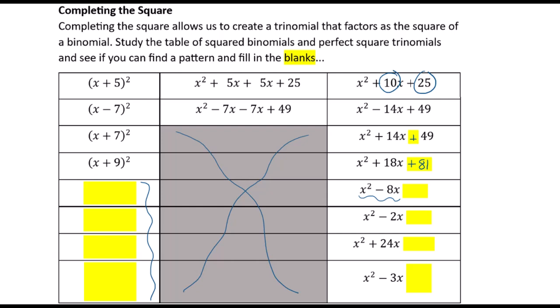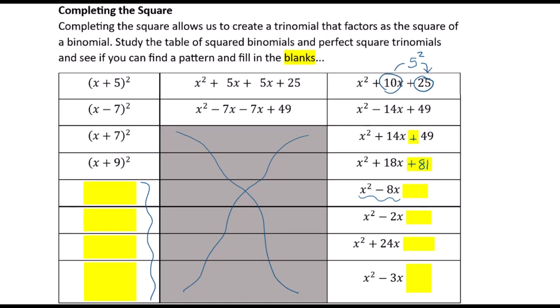You'll see 10 is double our 5, and 25 is the square of 5. But if we don't have this to look at, what is the relationship? If we would take 10 and take half of that and then square it, that becomes this number.